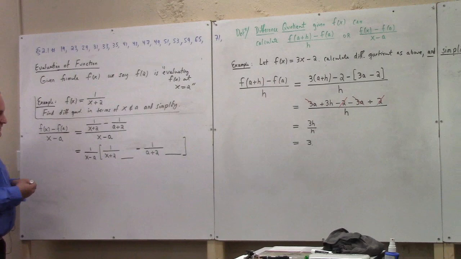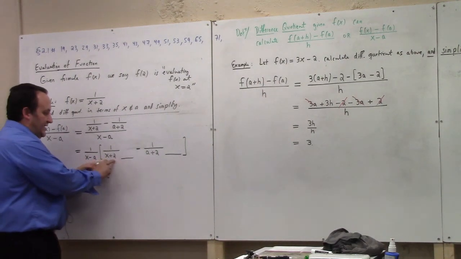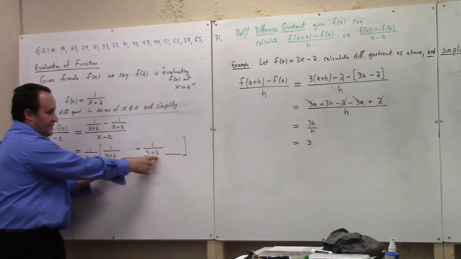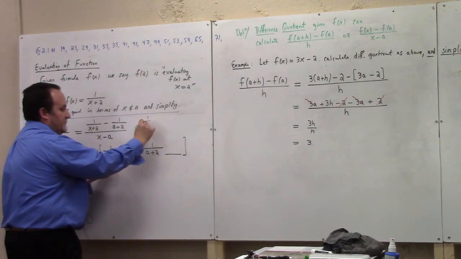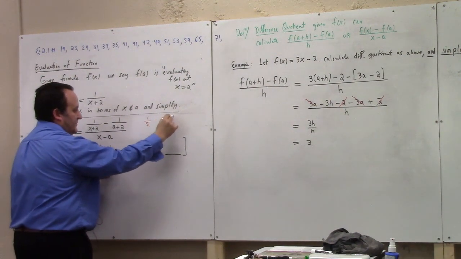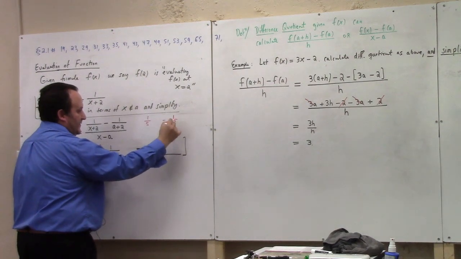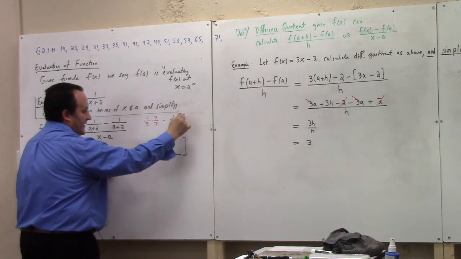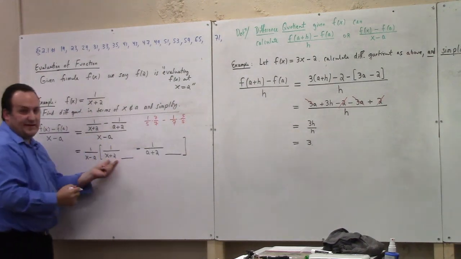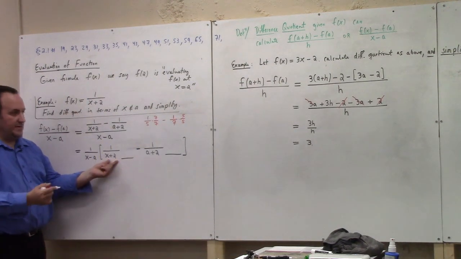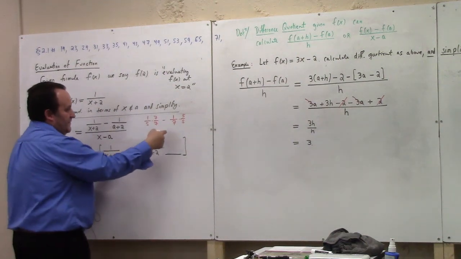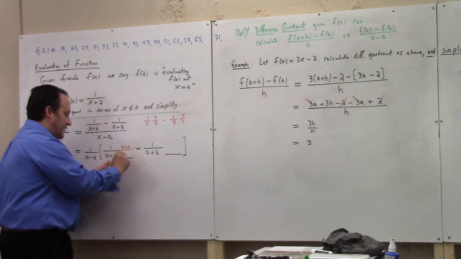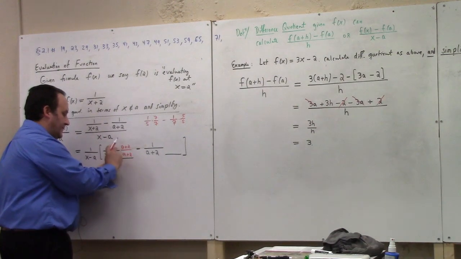So, I want an x plus 2 times a plus 2 for my denominator. So, this is just kind of like 1/5 minus 1/7, right? So you want to put those together. You multiply the 5th by 7 over 7. You multiply the 7th by 5 over 5. That's the kind of pattern we're looking at here. So thinking of the 7th as like a plus 2, I do a plus 2 over a plus 2, right?